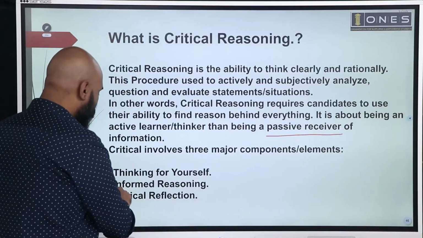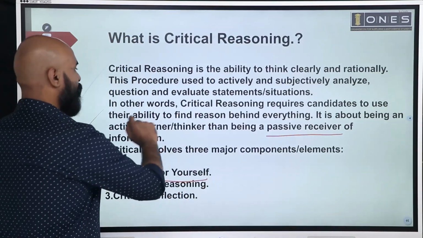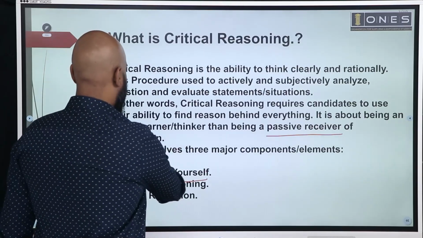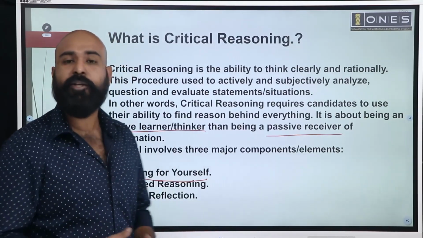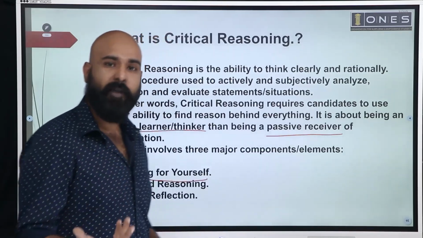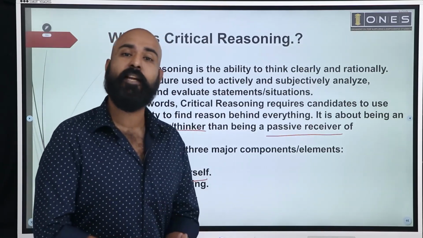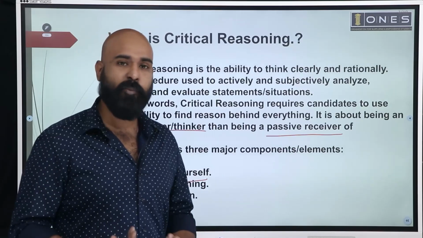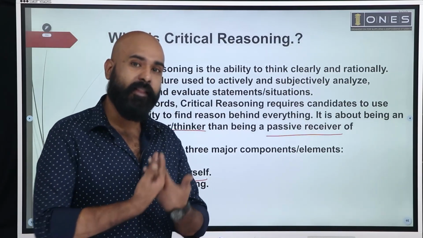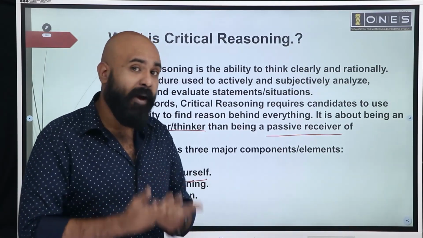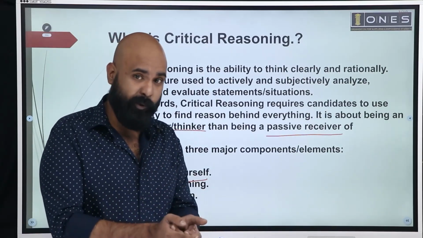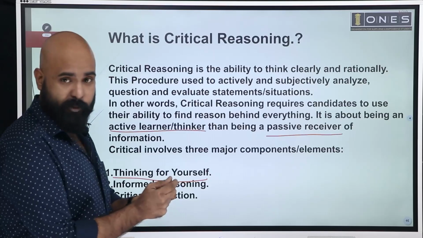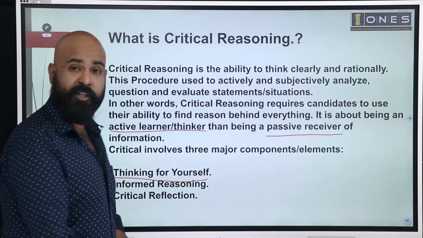But when you are thinking for yourself, you tend to become an active learner or thinker. Data is coming into your mind. As the data flow is happening, you are thinking, you are reasoning behind the data. And that's when you arrive at conclusions. At that point, instead of being passive and just absorbing, you are being active and being a thinker. And that is one of the major elements which comprises the critical reasoning procedure.